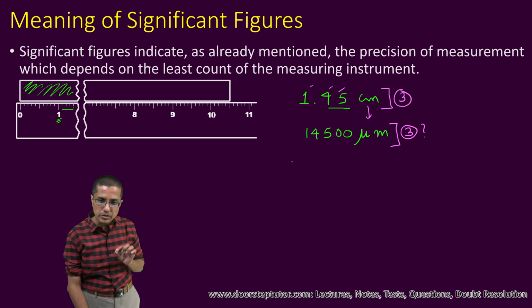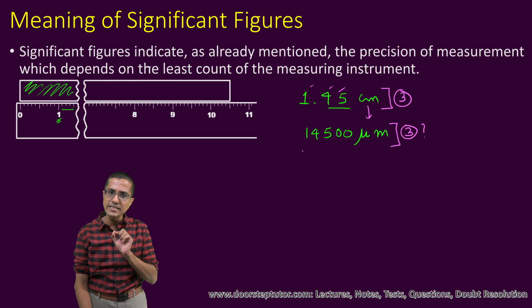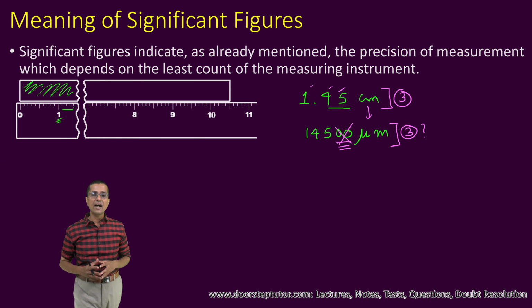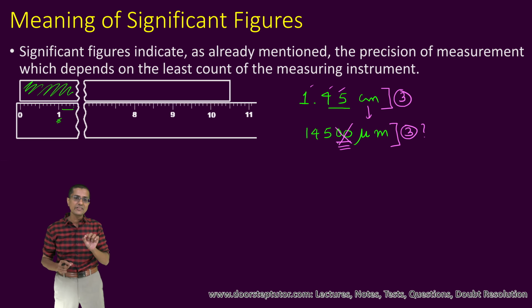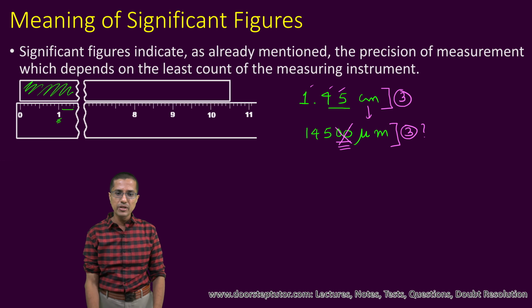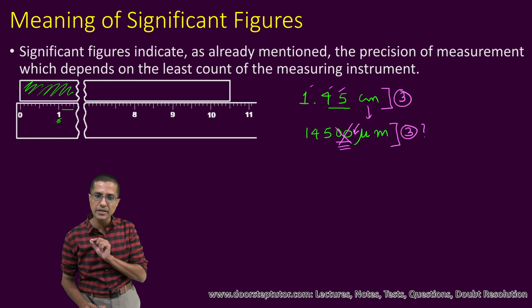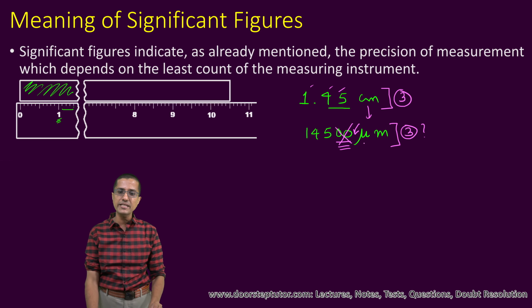So the book, NCERT, tells us a very simple rule that if you have trailing zeros like this, they do not add to the significant figures. They are insignificant. So these are the trailing zeros before an implied decimal point right here which has not been marked. So this number expressed in micrometer also has only 3 significant figures.